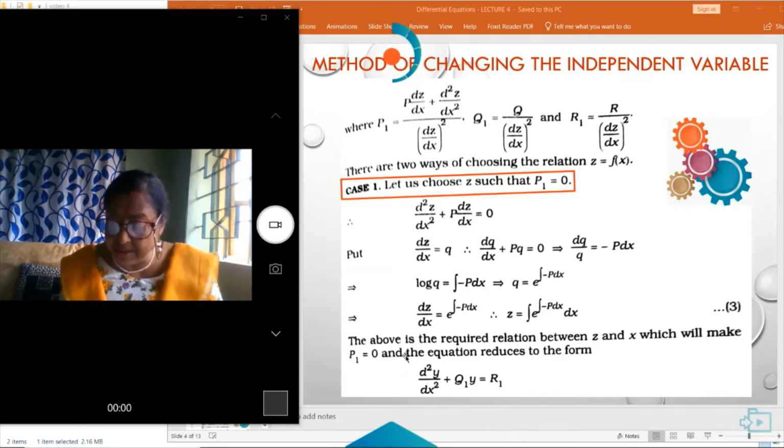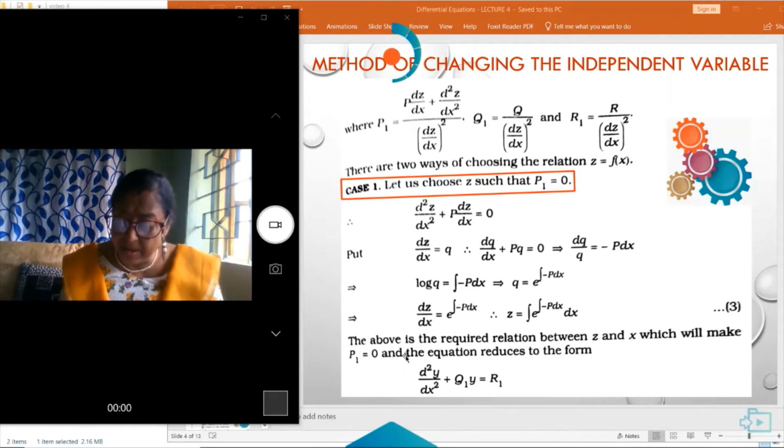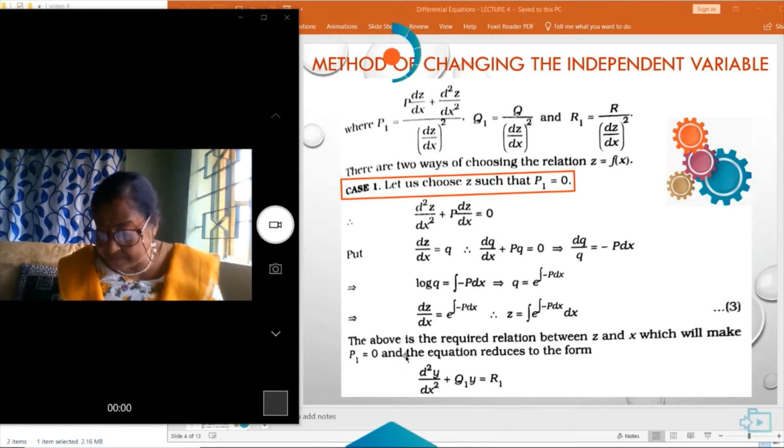So d2z by dx square can be written as dq by dx plus p into q is equal to 0. Then which after integration gives us dz by dx is equal to e to the power integration of minus p dx. So z is equal to integral of e to the power minus p dx, over dx.